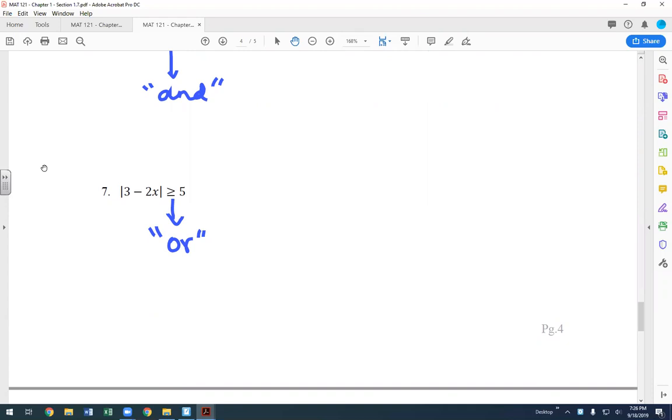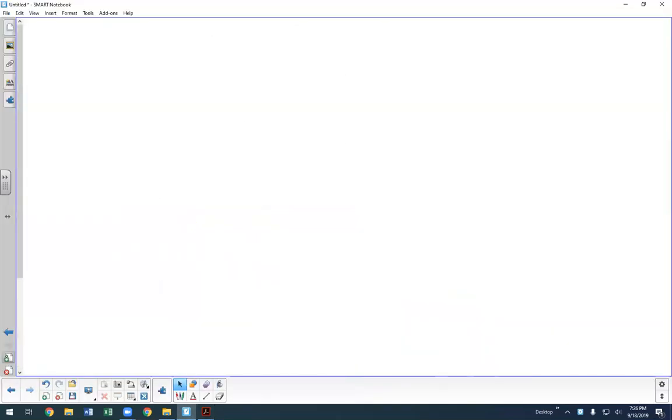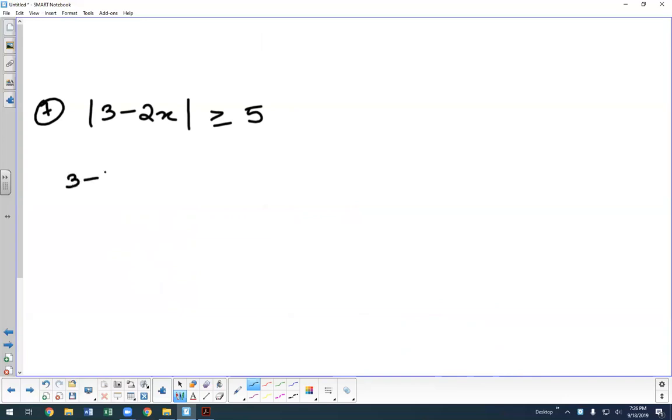Now the setup for number 7 is going to be or, since that's a greater than or equal to. So this one we do have to set up as 2 separate ones because with or there's no combining them. So this guy will, same as before, have the exact same setup without the absolute value symbol: 3 minus 2x greater than or equal to 5, or 3 minus 2x less than or equal to negative 5.